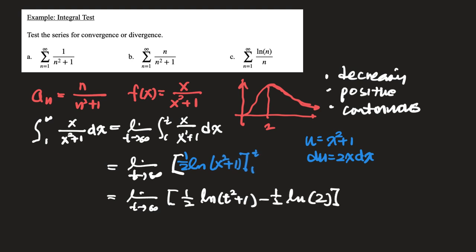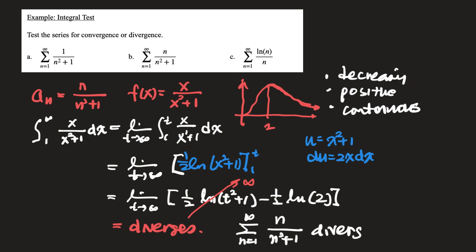As t approaches infinity, this goes to infinity, which means it diverges. What's the conclusion? This improper integral diverges, so we're going to say this infinite series diverges.